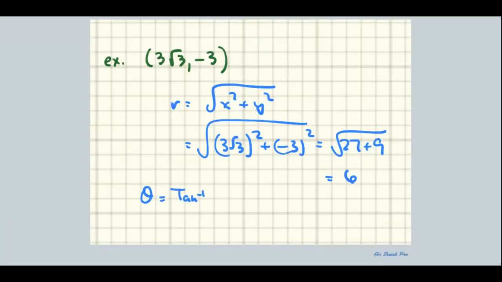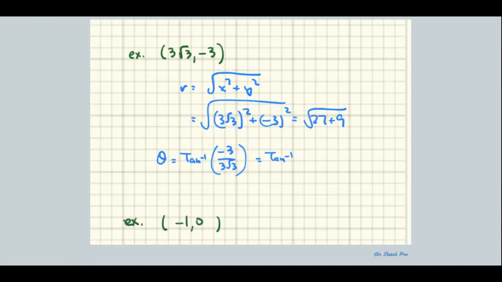Now for the angle, it's the arctangent of y over x, negative 3 over 3 root 3. That's the arctangent of negative 1 over root 3. And that's a principal thing. Let me do a quick sketch right here.